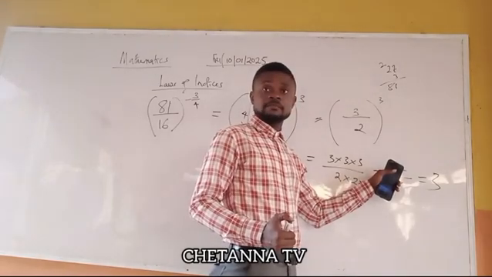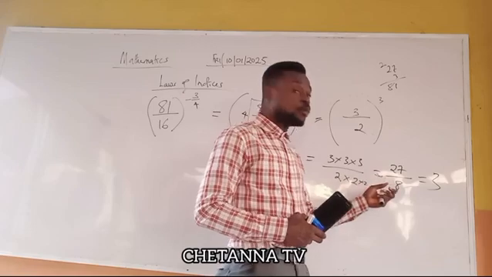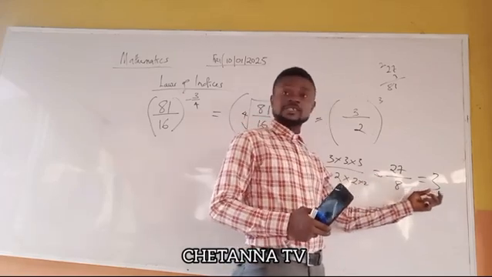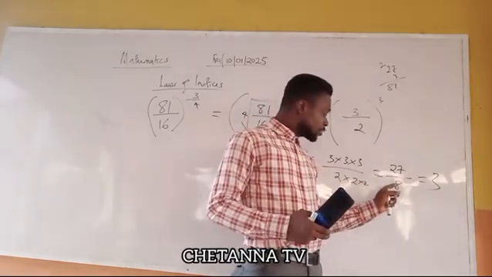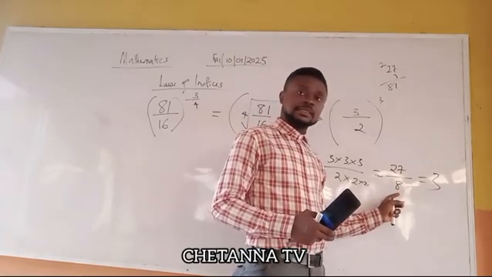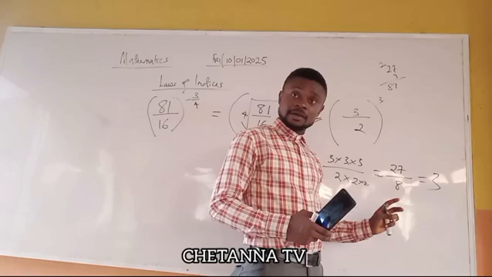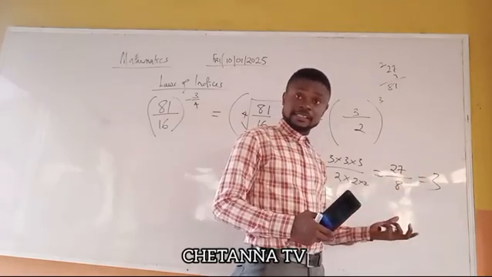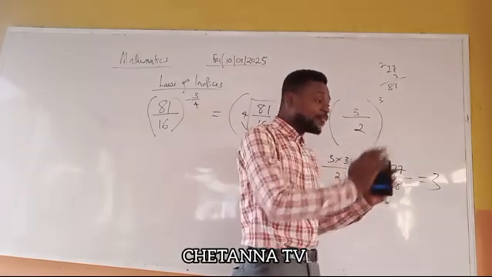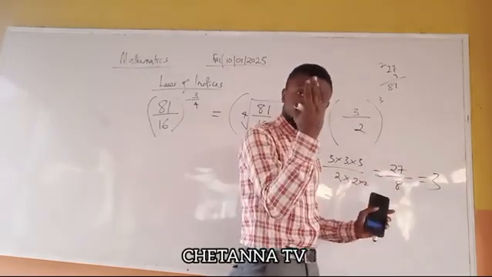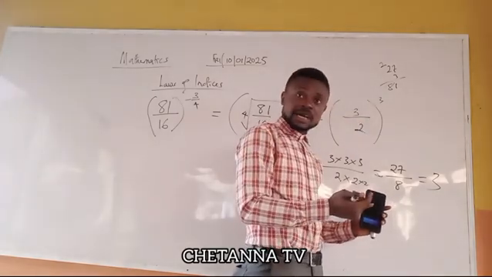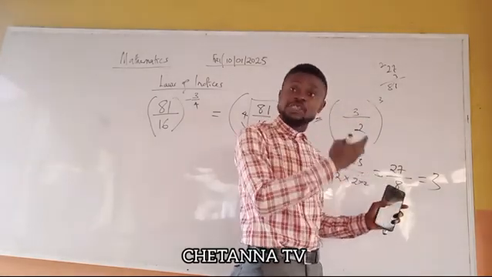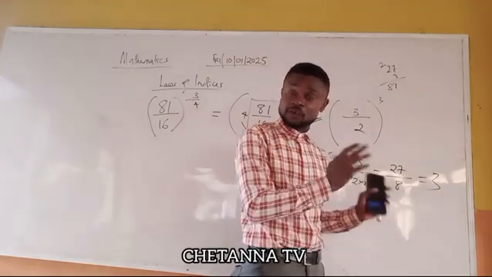Now we want to move this to a mixed fraction. Okay. We divide 27 by 8. We have 3 as the whole number. That 3 times 8 is 24, right?